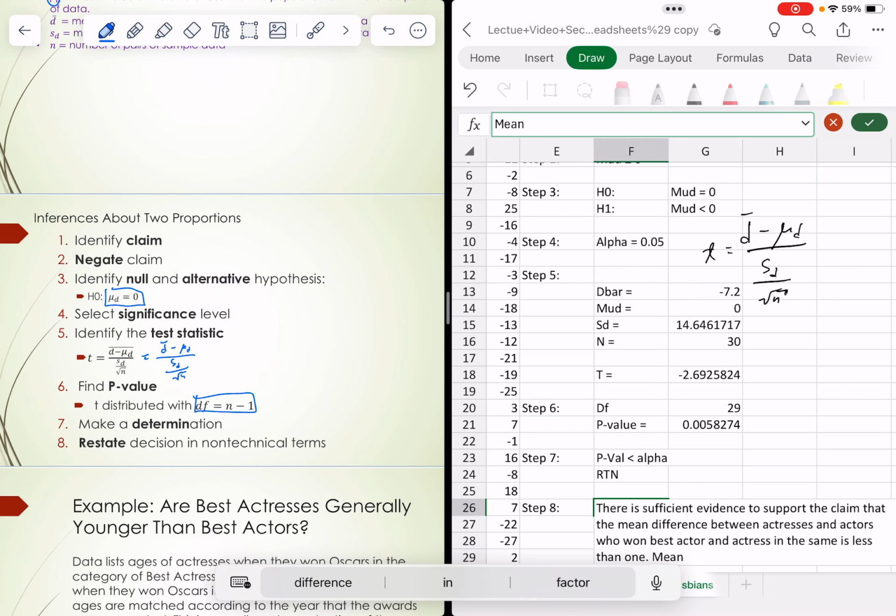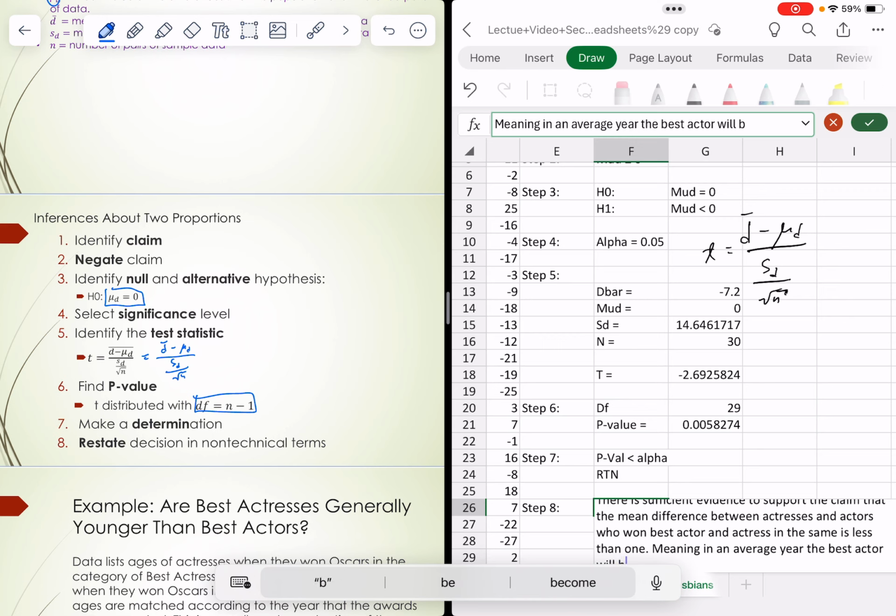Meaning, you don't need to write this, I'm going to write it though. Meaning in an average year, the best actor will be older than the best actress. We can say that with 95% certainty.